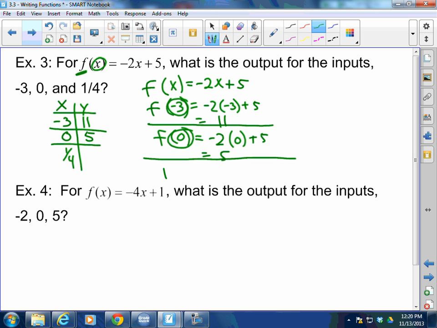F of 1/4 equals negative 2 times 1/4, because I evaluate for it, because that's what I replace x with, plus 5. Negative 2 times 1/4 is negative 1/2, plus 5 is 4 and 1/2. So when x is 1/4, my y was 4 and 1/2.